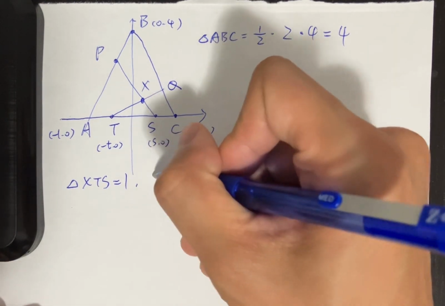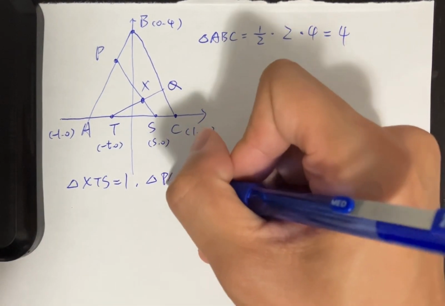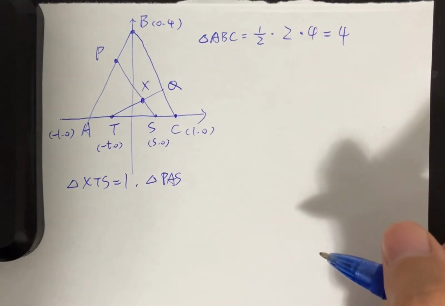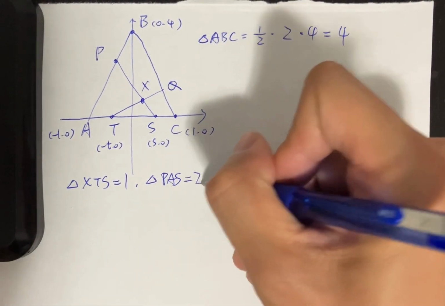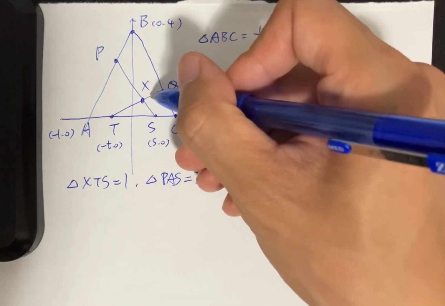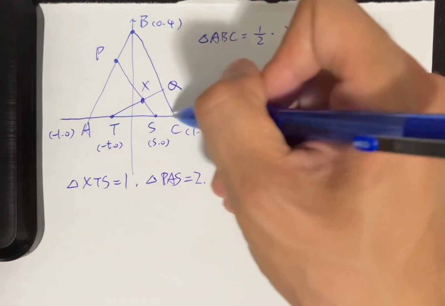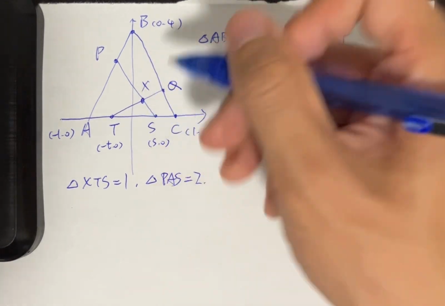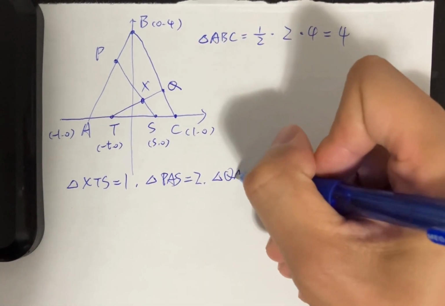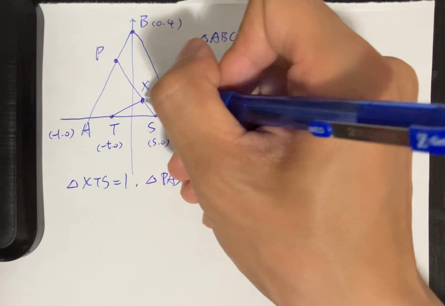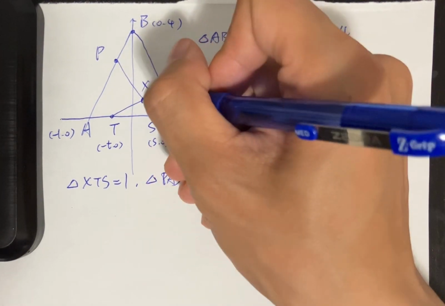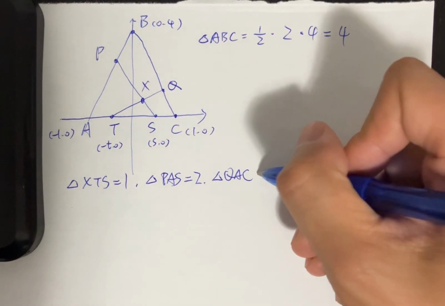A triangle is always easier to deal with than such a quadrilateral. For the same reason, we consider the whole of QAC, which is again the quadrilateral plus the 1 down here, 1 plus 1, that is another 2.